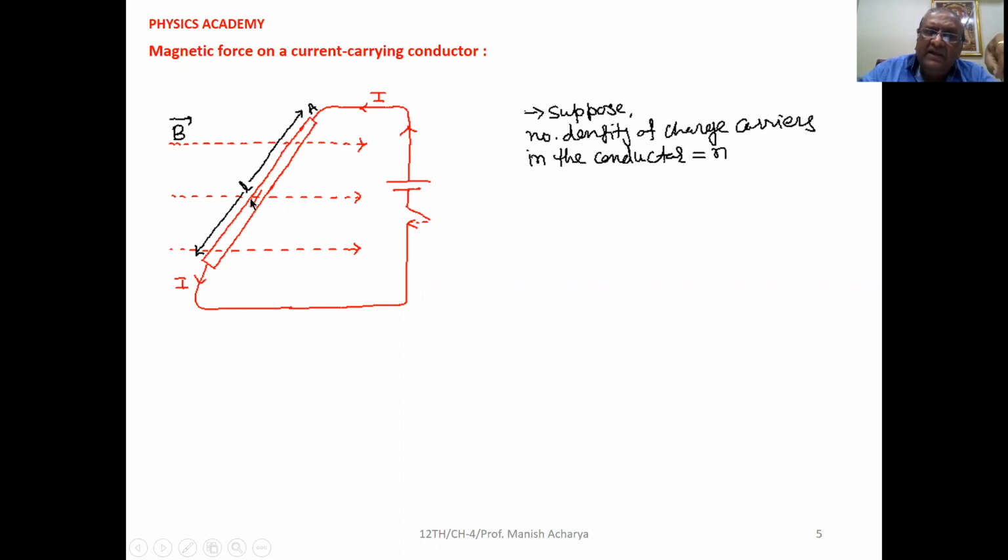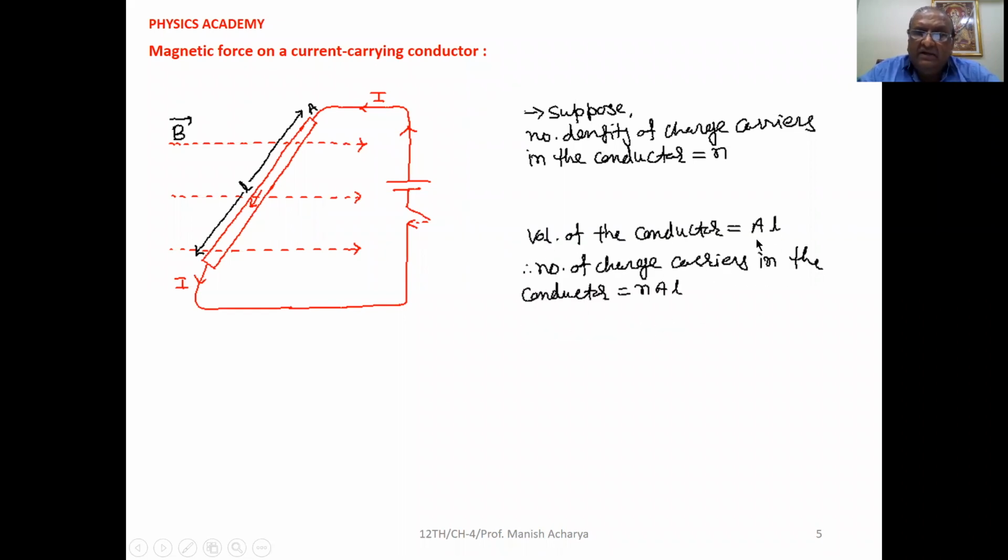Now here the length of the conductor is L and its cross-sectional area is suppose A. Then the total volume of the conductor we can write A into L. Now per unit volume, the number of charge carriers is n. Therefore, in total volume AL, the number of charge carriers will be how much? So we can write, the total number of charge carriers in the given conductor is nAL.